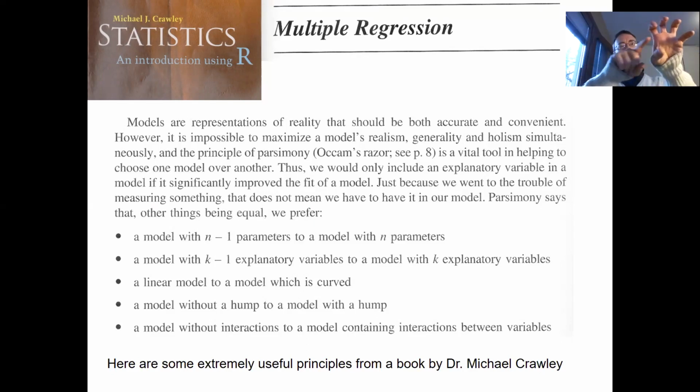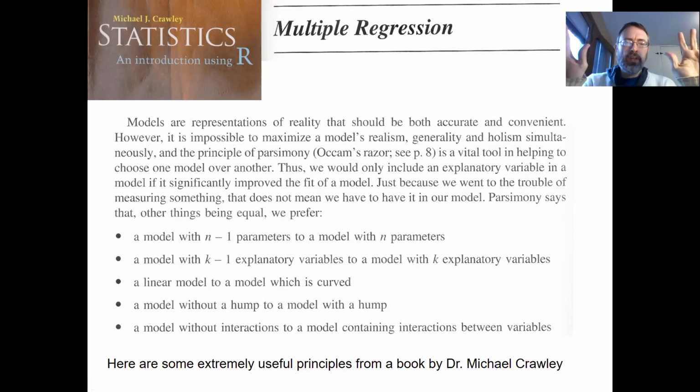So predictor variables, let's subtract them to create the simplest model. Response variables, subtract, maybe you only have one. A linear model is better than a curved model. Linear models are simpler versus a curved or a polynomial model. And a model without interactions is better than a model that contains interactions among the variables.